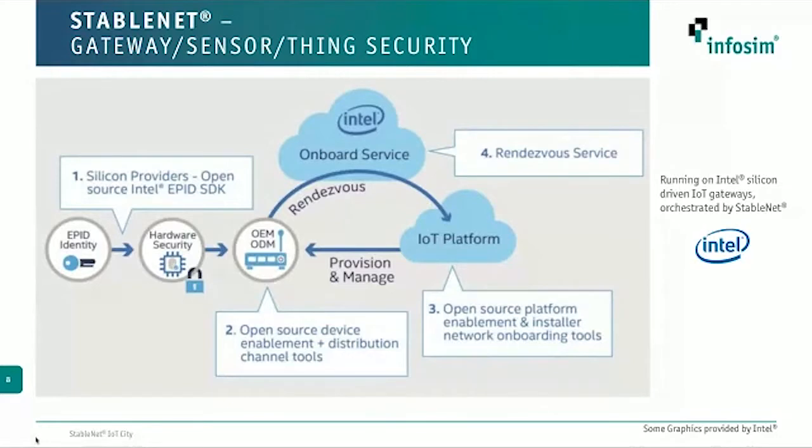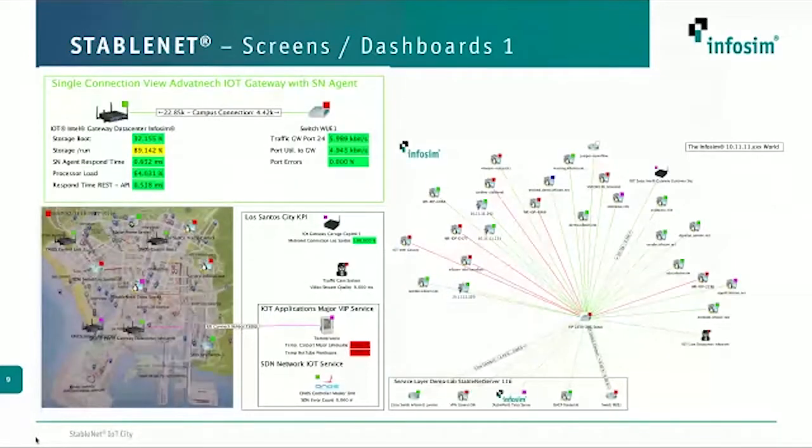So here are some examples of a huge city. We see not only the gateway I mentioned before, we see the network before, and here on the left side, we see it later live in the demo. You see details of each gateway in near real time.